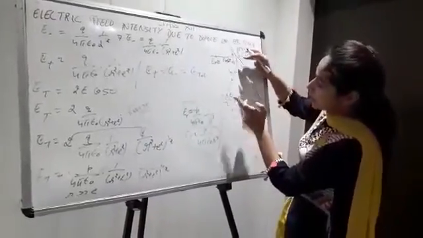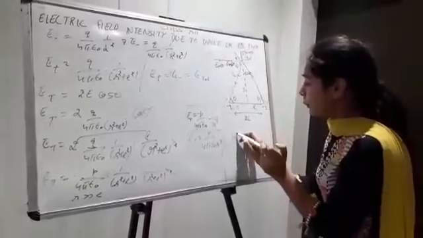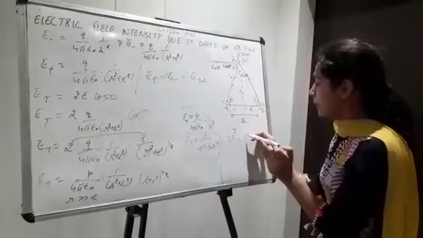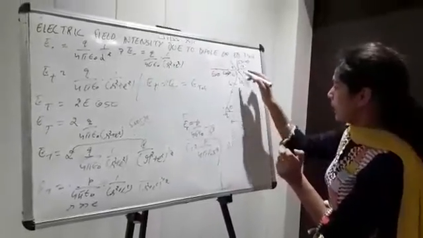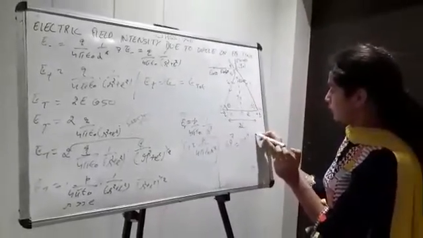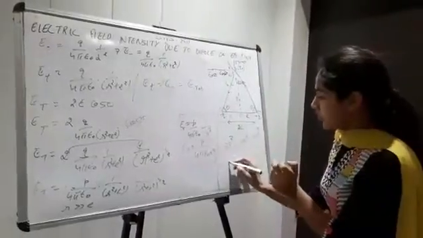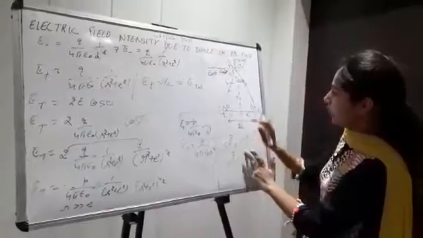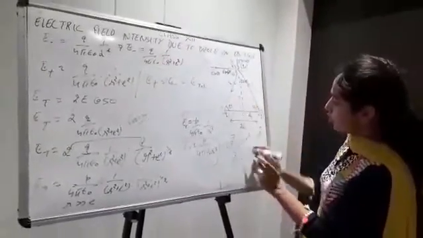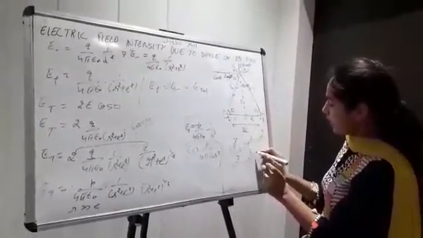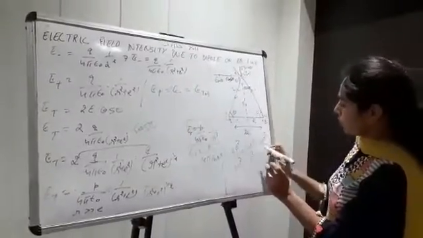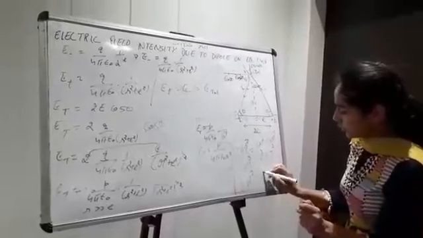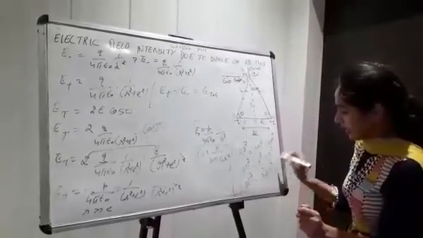By applying Pythagoras theorem, we know hypotenuse squared is equal to base squared, you can take as OA, plus perpendicular squared. So AP square: the distance OA is equal to L, the distance OB is equal to R. So we got the distance AP square is equal to R square plus L square.